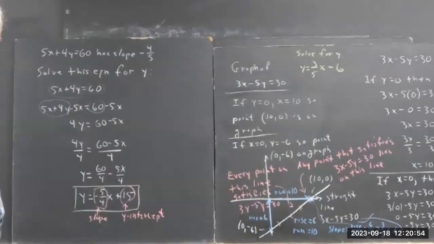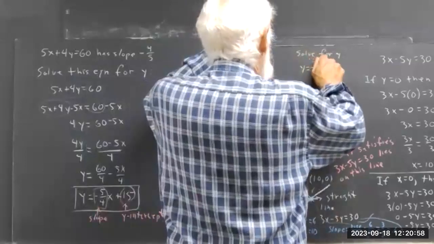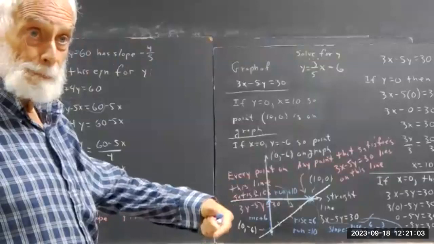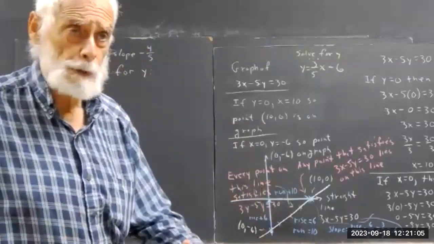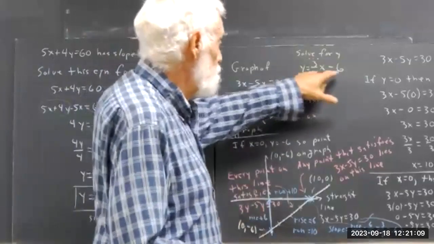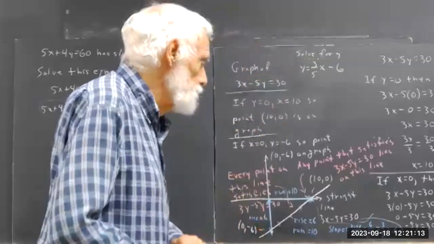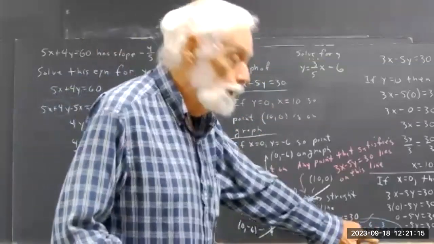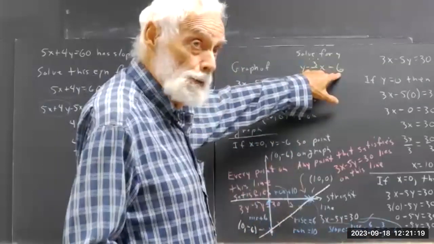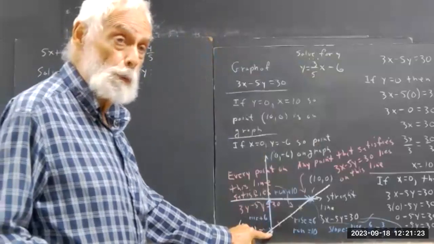Okay. Now this is what you get if you solve for y. The 3 dots here mean we do some steps that we should be able to do pretty effectively at this point. So we solve for y, we get y equals 3/5 x minus 6. What does 3/5 have to do with this graph? It's the slope. What does negative 6 have to do with this graph? It's the y-intercept. It's where the graph goes through the y-axis.